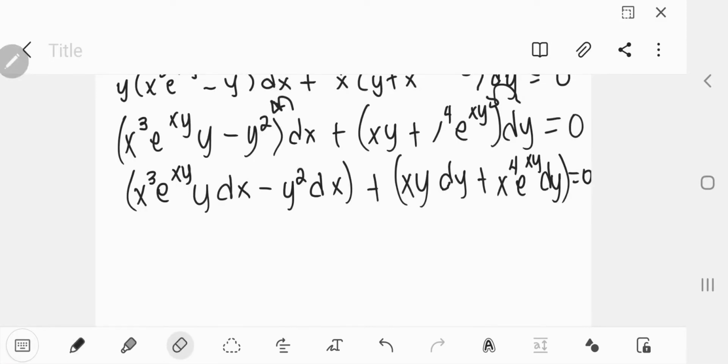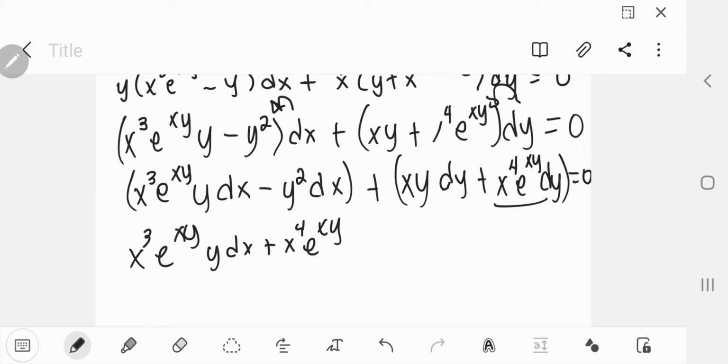And now let us arrange all the integrable combinations. We have x raised to 3 times e raised to the xy times y dx plus x raised to 4 times e raised to the xy dy, and this also we have minus y squared dx plus xy dy is equal to 0.